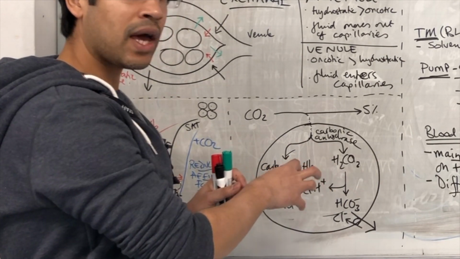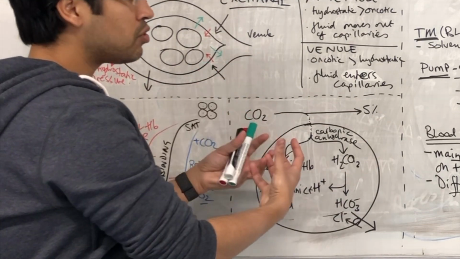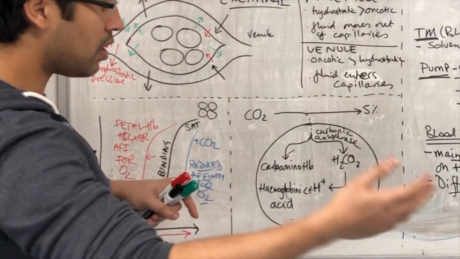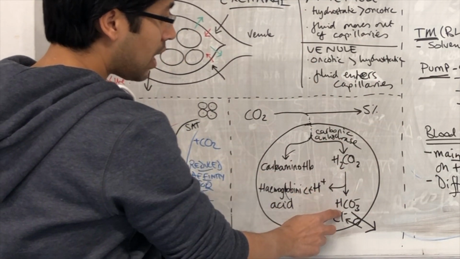Which is bad, because you want to be collecting up as much CO2 as possible to take to the exchange organs, the lungs, gills, etc. So you don't want anything to be limiting that.